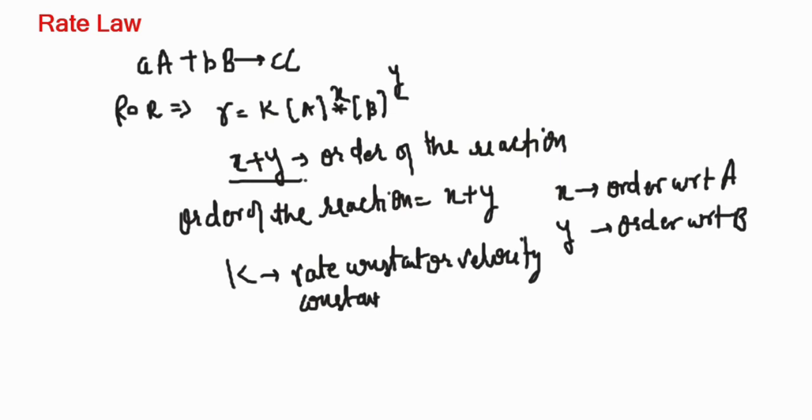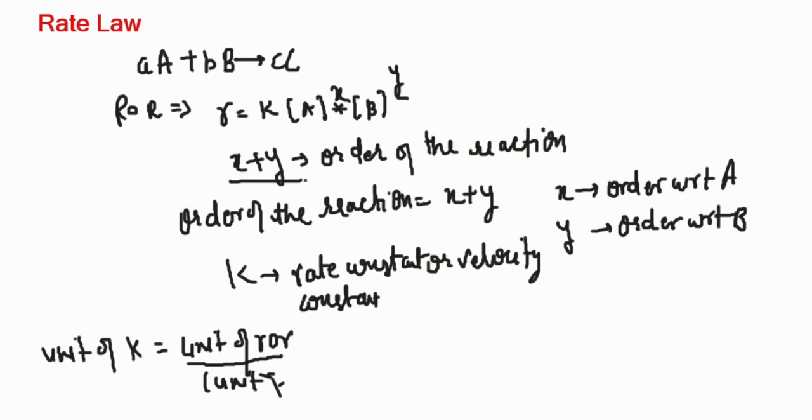Now we see what is the unit of k. The unit of k comes out to be the unit of rate of the reaction divided by the unit of concentration raised to the power n.